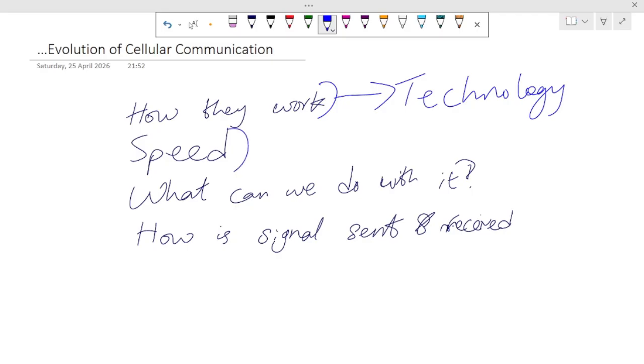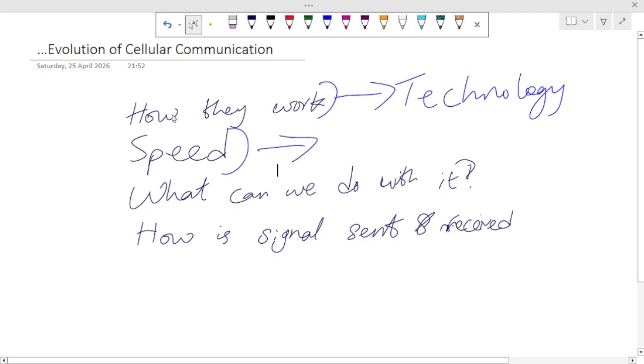When we say how they work, the professional or standard way to say it in communication is technology. Then for speed, the way it's said is data rate. That's what they mean.